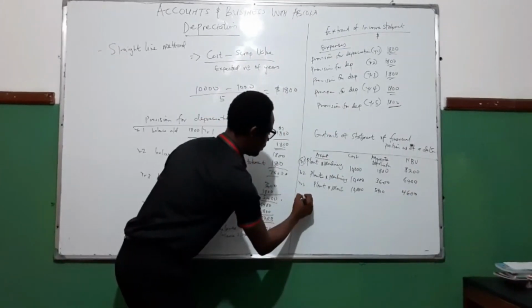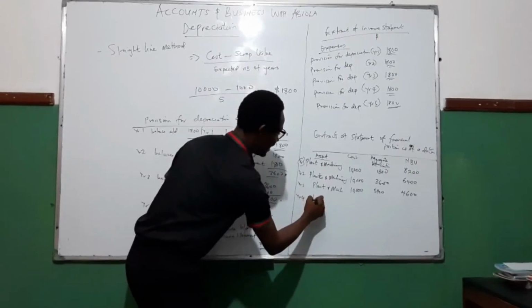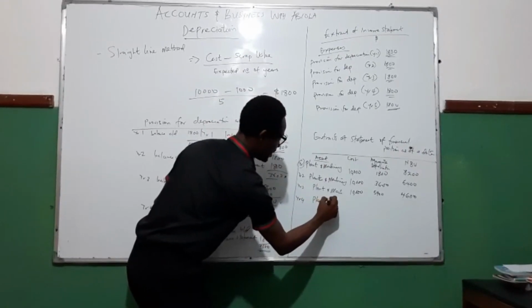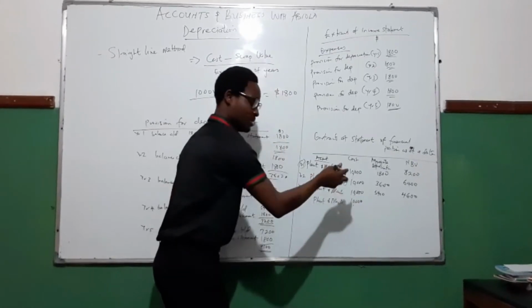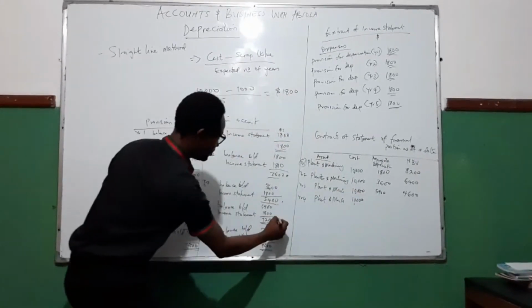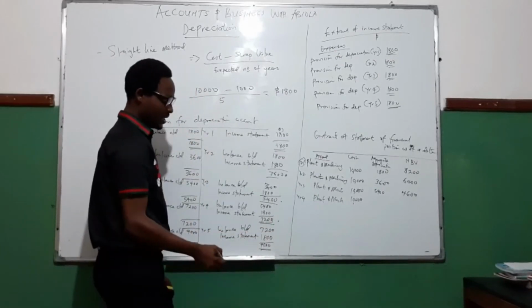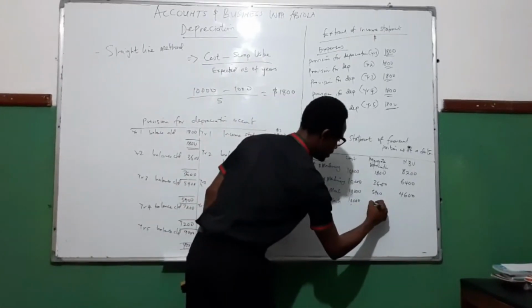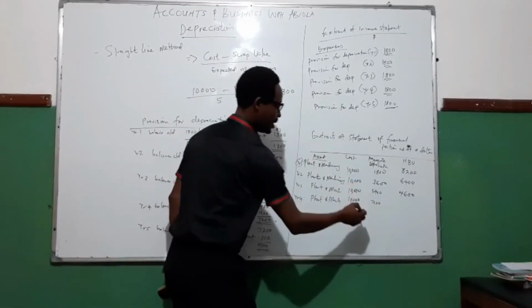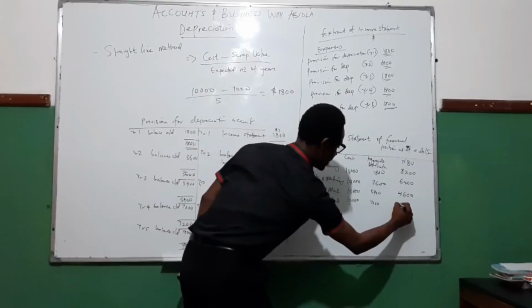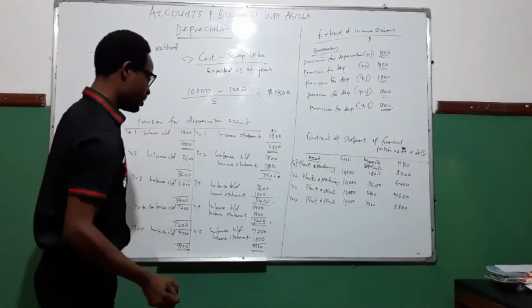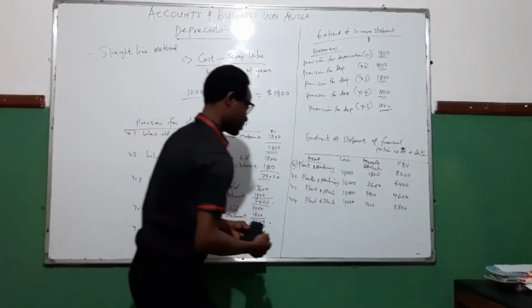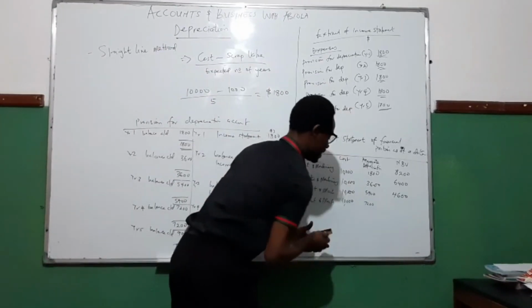In year 4, the statement of financial position, asset section will have plant and machinery, 10,000 as cost again. And then the accumulated depreciation at the end of that year is 7,200, leaving us with the balance of 3,800. Then at the end of year 5, 2,800.